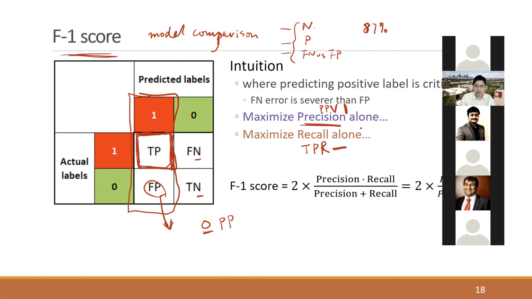But that won't work for a model in any case where you have a binary classification, because in that case, the recall will suffer. What's recall? True positive rate is of all the positive ground truth, how many, or what's the percentage that you recognize?